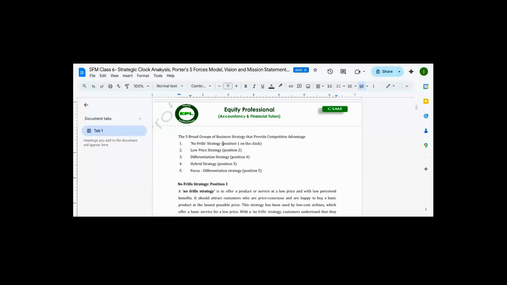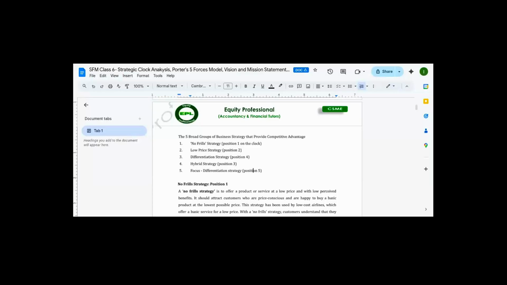The second strategy is low price strategy, in position two of the diagram. The third one, differentiation strategy. Sorry, that one is in position four. Hybrid strategy is in position three, while differentiation focus strategy is in position five.